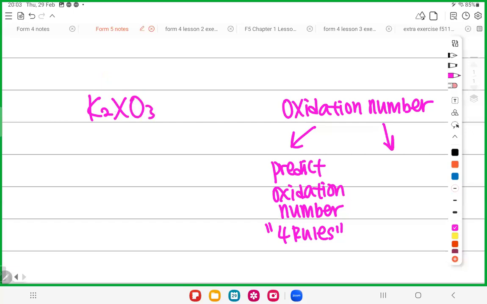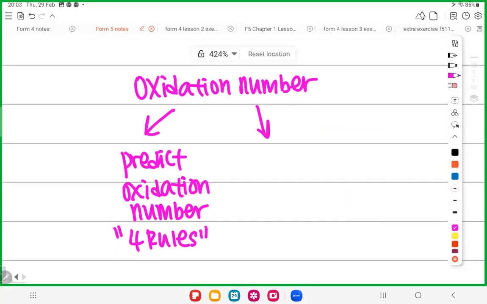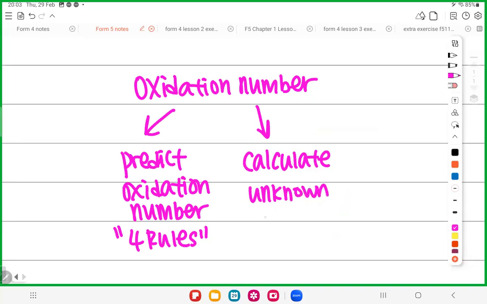If the question wants us to find the oxidation number for X, we cannot use the 4 rules to predict. So if there is any oxidation number that we cannot predict, we must do calculation. We must be able to calculate the unknown oxidation number.